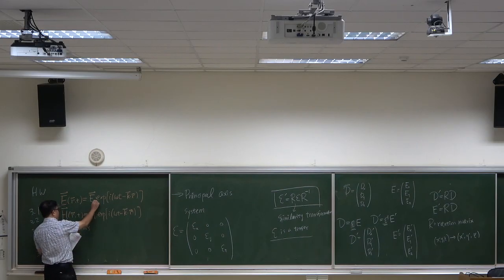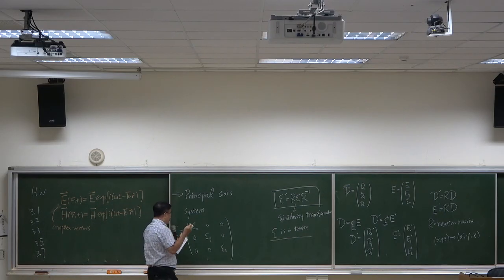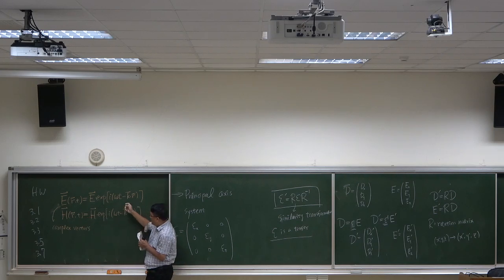And here, the notation E and H represent constant complex vectors. All the coordinate and space dependence are written in this phase factor.